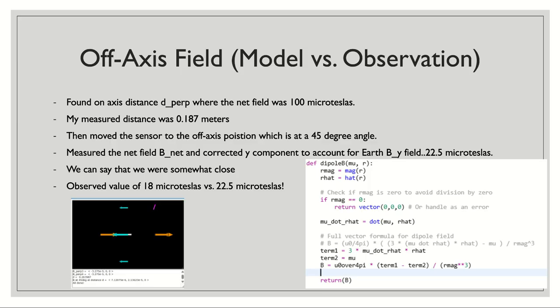Then we moved the sensor to the off-axis position at a 45-degree angle and measured the net field, B net, correcting the y component to account for the Earth's y B field. From that we got 22.5 microteslas. So we can say we were pretty close, because we got an observed value of 18 versus 22.5. Not bad at all.